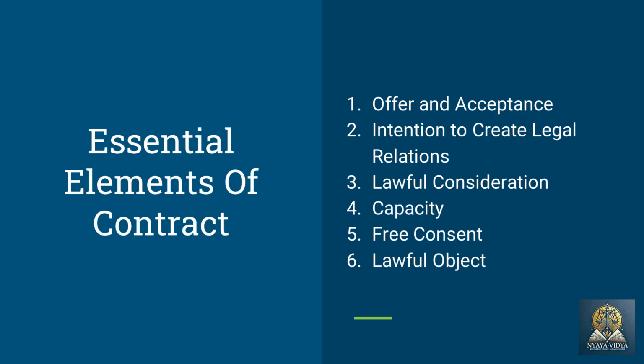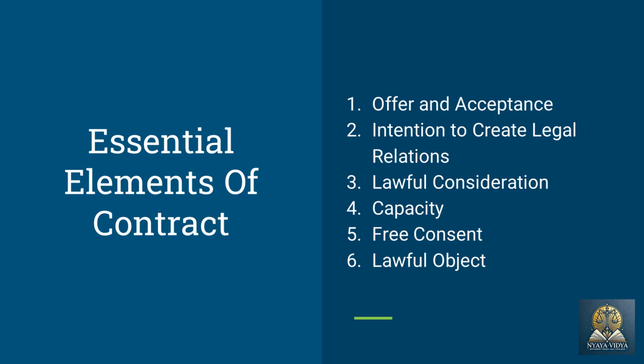They must have attained 18 years or above when they are planning to enter any contract. They should have a sound mind and not be disqualified by law. Generally, any contract entered into by a minor is voidable at the option of the minor.